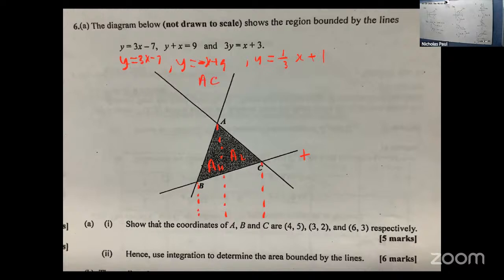Between the first equation and the third equation, which is AB? Why? Because the gradient is larger. The gradient of the first one is 3, and the gradient of the third one is 1/3. Is that okay?